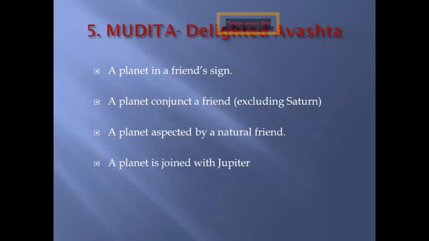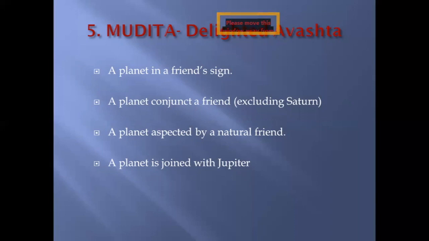Then we've got Mudita or delighted Avastha. And this happens when a planet is in a friend sign or when a planet is conjunct a friend, excluding Saturn, okay, because Saturn is always going to cause starvation. A planet aspected by a natural friend, or a planet joined with Jupiter.